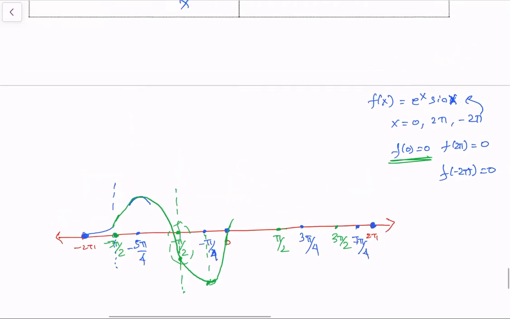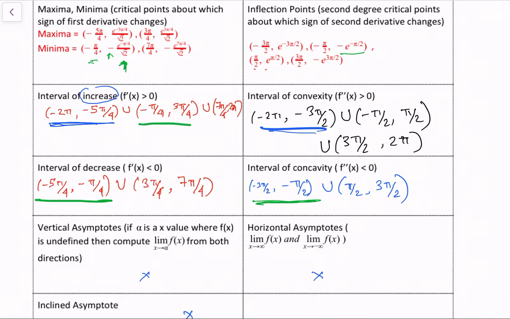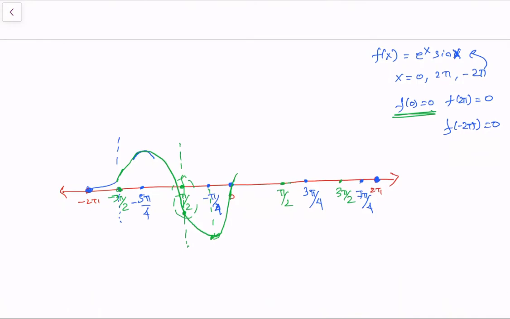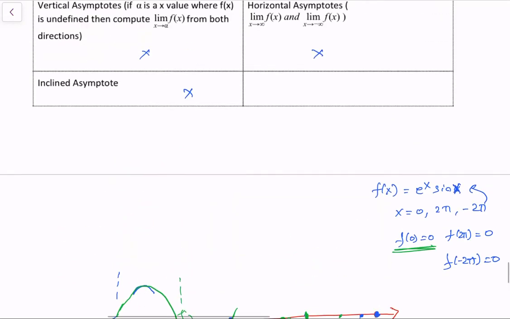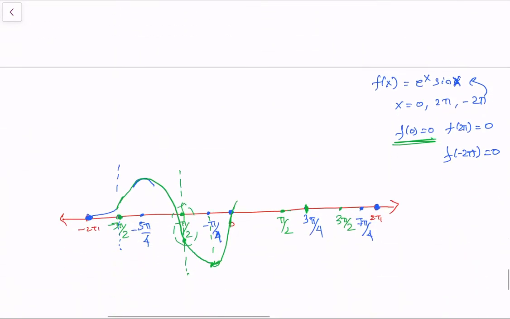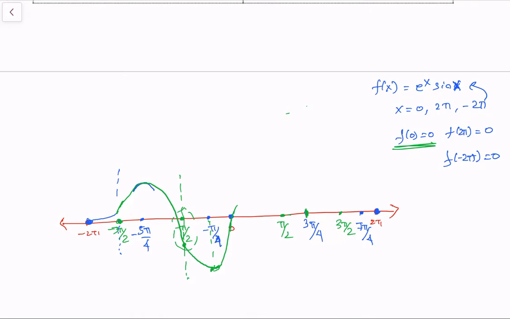We know that. So it increases from negative pi by 4. How do we know it increases? Of course, from negative pi by 4 to 3 pi by 4, it increases. That's what we have found, one of the intervals of increase. And at 3 pi by 4, we have again a maxima. We have a maxima at 3 pi by 4, which is positive, right? The y value is positive. So it's somewhere here.